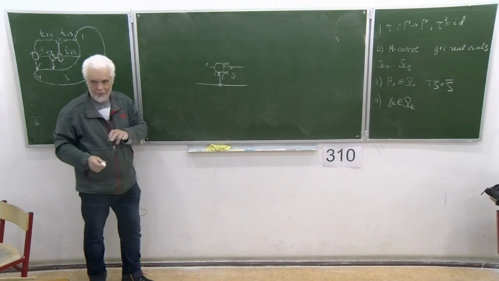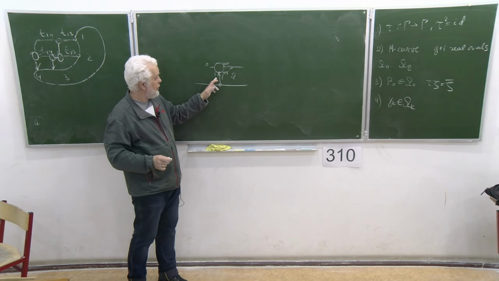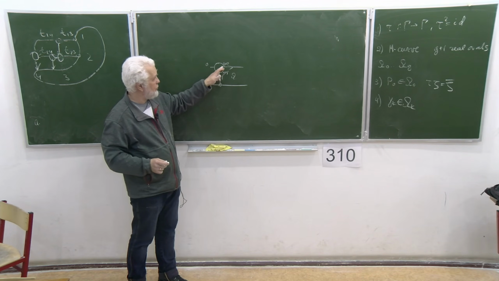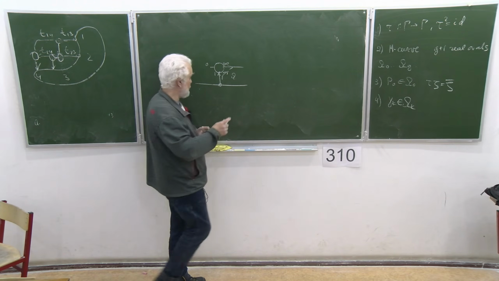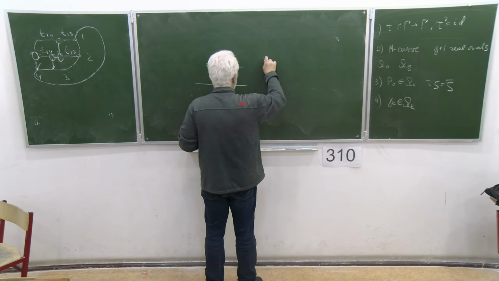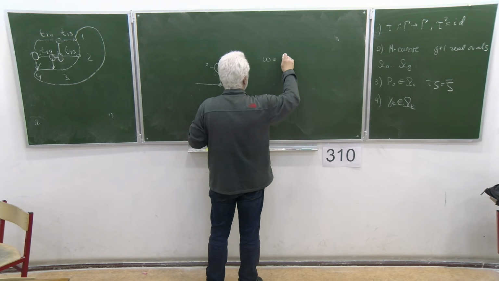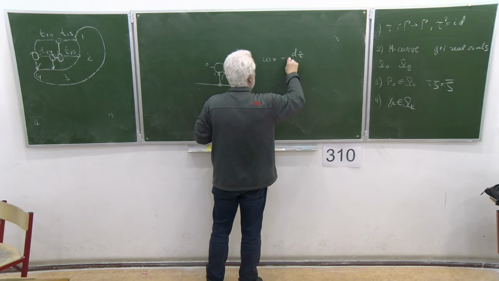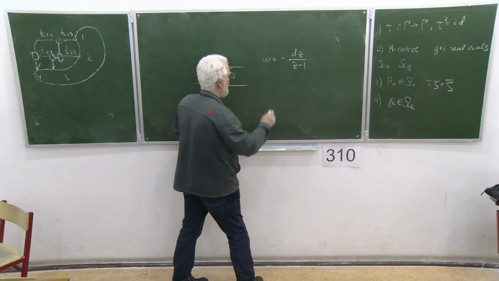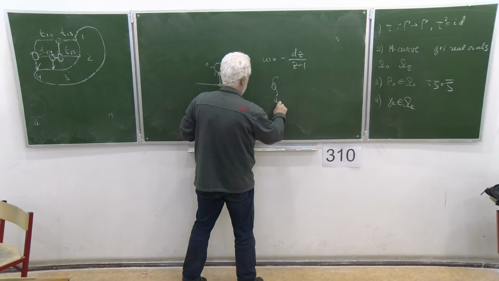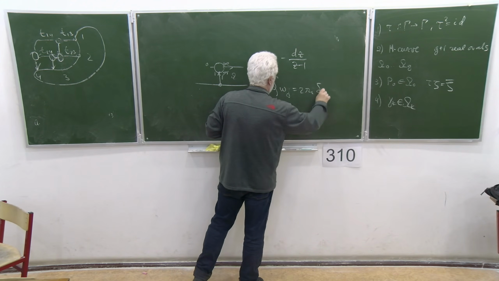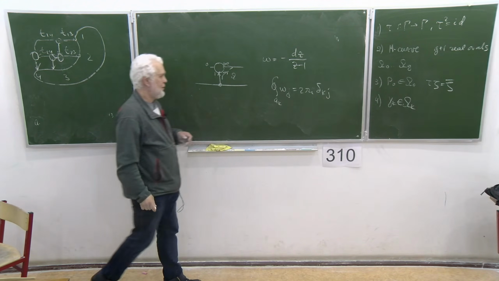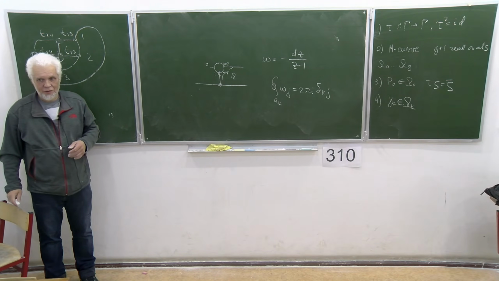Consider this component. The path comes in at the point 1 and goes out at the point infinity. Then the corresponding holomorphic differential on this component will be minus dz over z minus 1. We use the normalization 2 pi i, like in the Fay book.